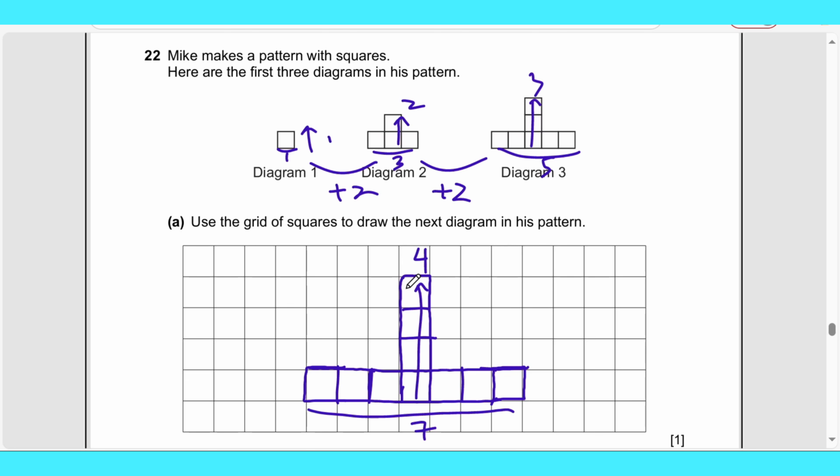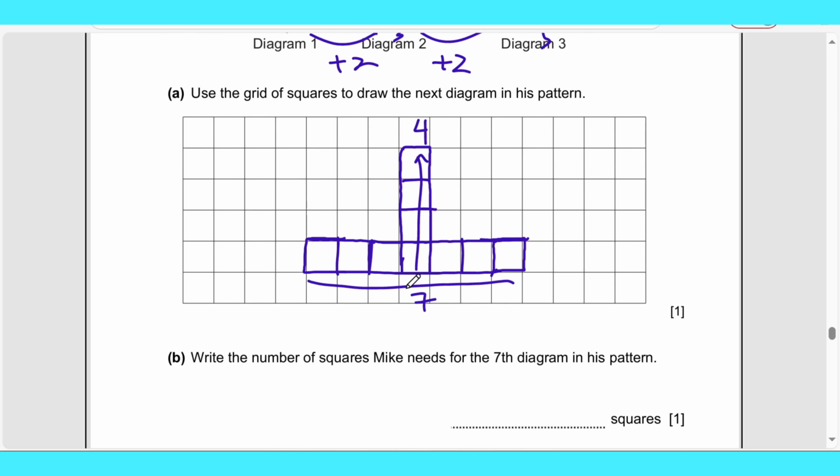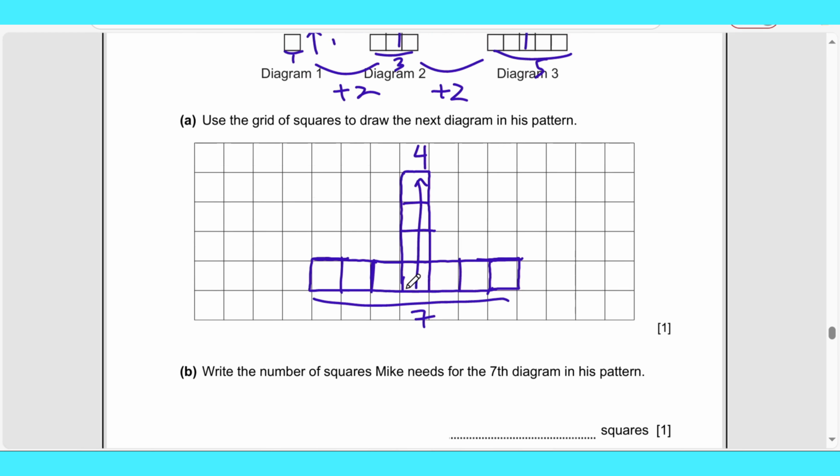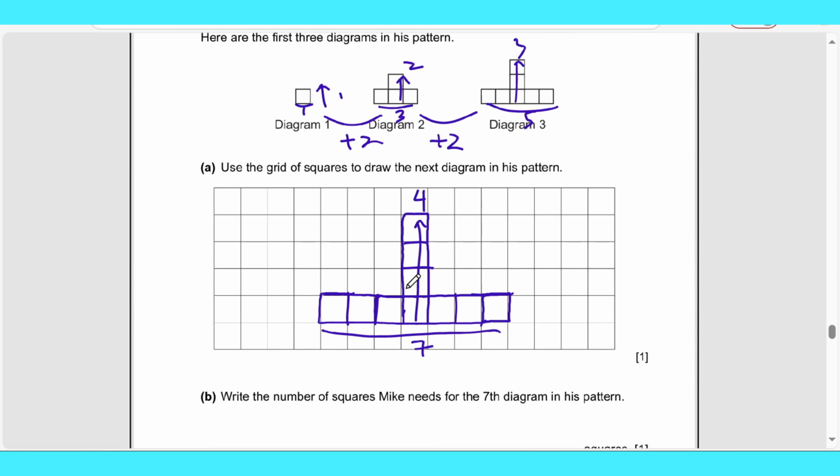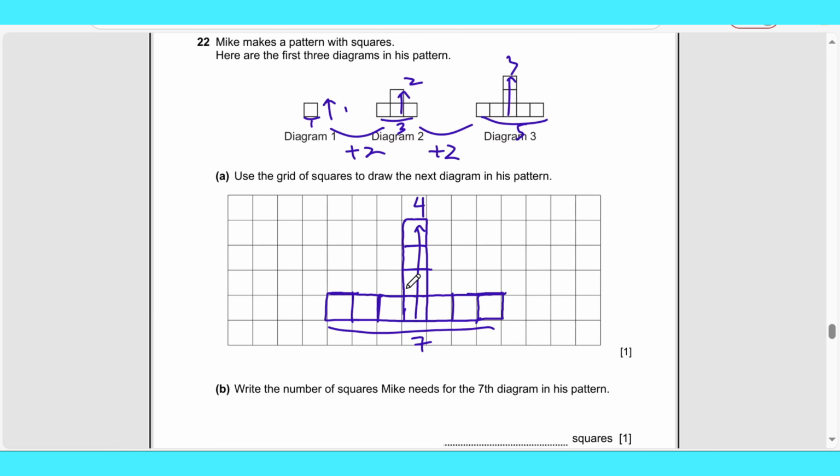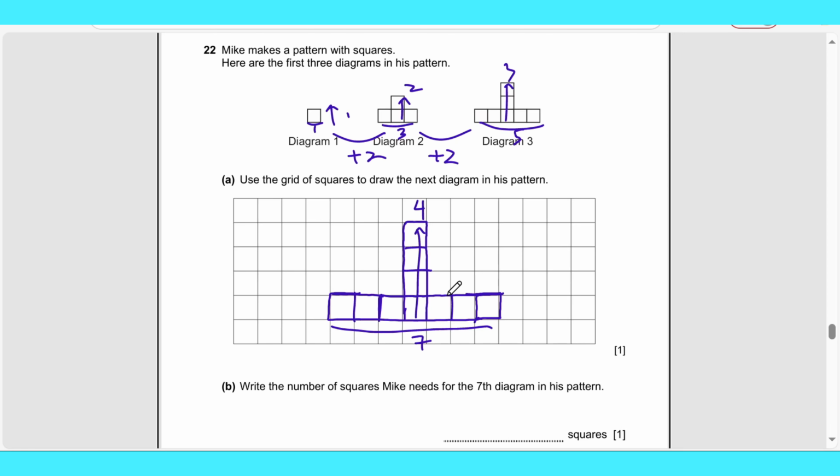Alright, let's move on. Now write the number of squares he might need for diagram 7 in this pattern. So diagrams 1, 2, 3 are done, 4 is done, and 7 now. Okay, you need some more time, please pause this video, we'll reveal the answer. So guys, we have 19 squares in diagram 7. How do we do that?